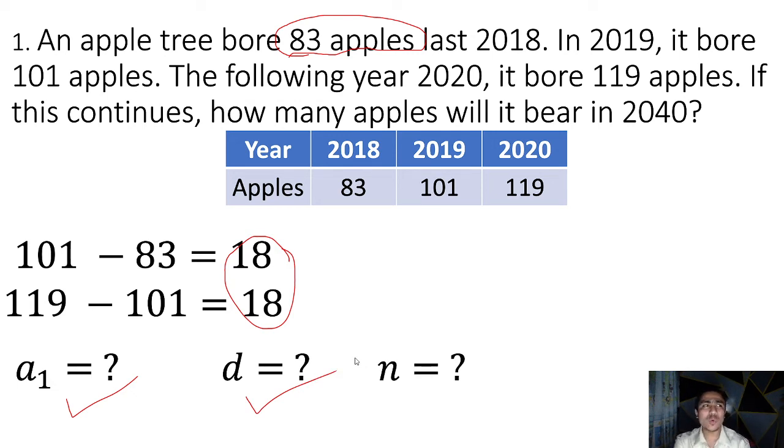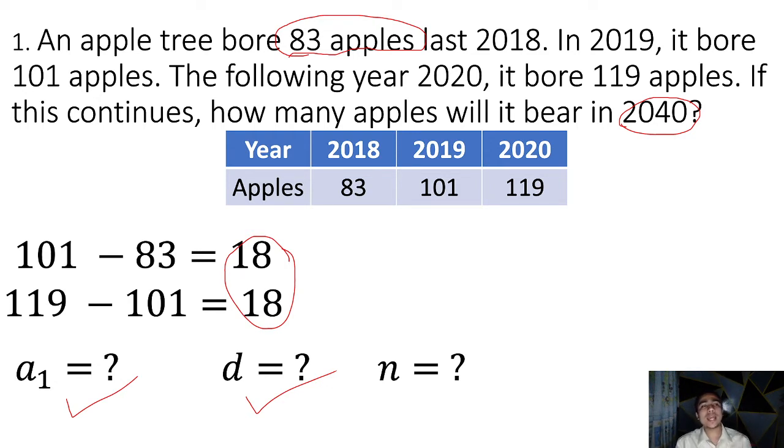Alam ba natin kung ilang taon yung tinatanong? Meron ba tayo dito sa ating problem? Yes, meron. Pero hindi yun yung 2040. Ito yung mismong year. So, ang aalamin natin, ilang taon mula 2018 na first term natin hanggang 2040.